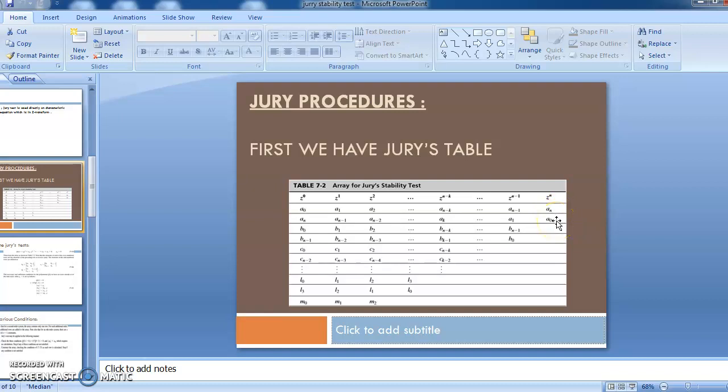Then after that we will have to calculate b0, b1, b2 and so on up to bn minus 1. This is your third row, and we will see in the next slide how to calculate b0, b1 and so on. The fourth row is again the inverse of the third row. By using the first and second rows you may calculate the third row, and the fourth row is the inverse of the third row.